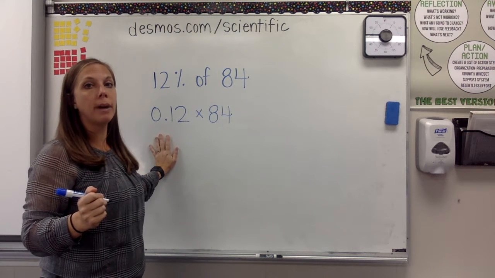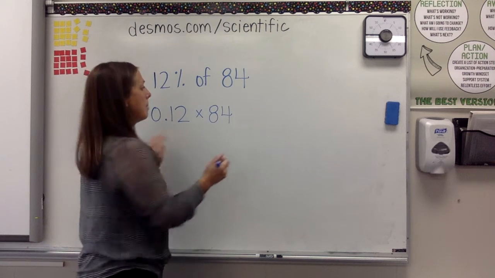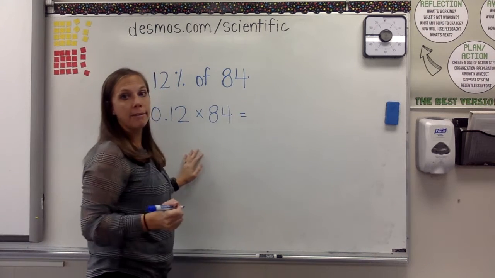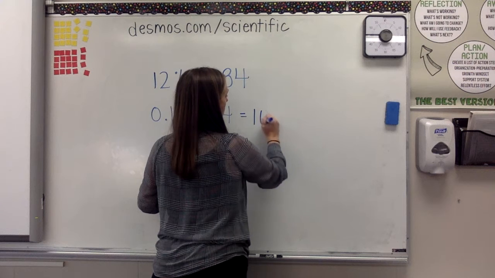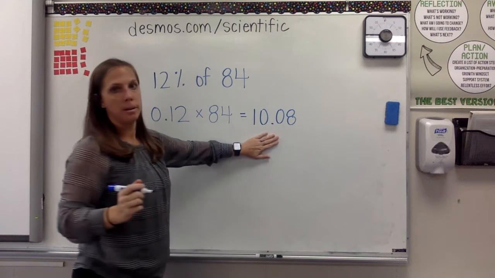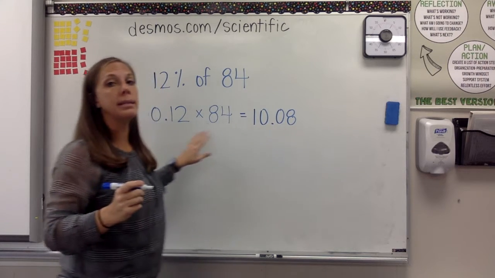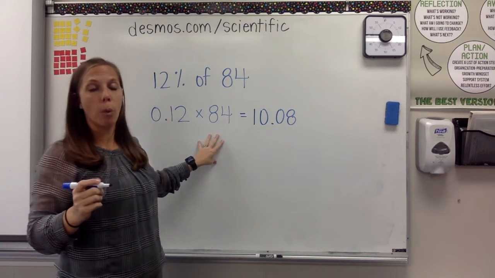So this is going to help me find what is 12% of 84. When I multiply this, I find that my answer is 10.08. Okay, I would say 10.08 is 12% of 84.